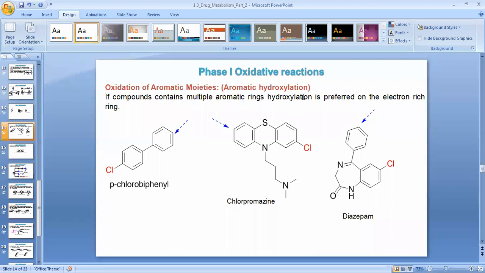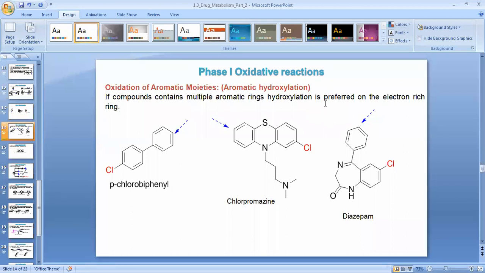Then we have seen the examples where, if the aromatic ring is attached to an electron donating group, the aromatic hydroxylation is faster. Then case number 3, if the arene ring is substituted with electron withdrawing groups, it slows down the hydroxylation process. Now case number 4 is if the compound contains more than one arene ring, multiple aromatic rings. So what happens in that case? Hydroxylation is preferred.